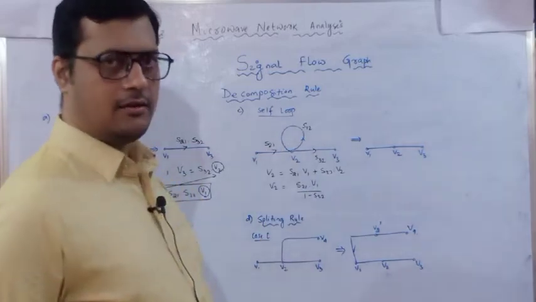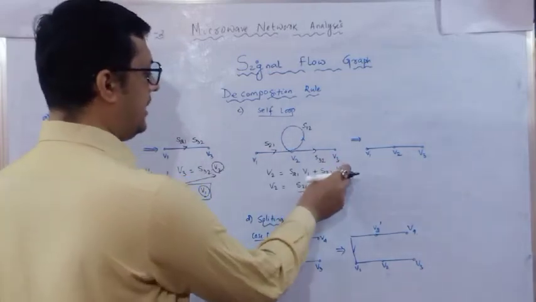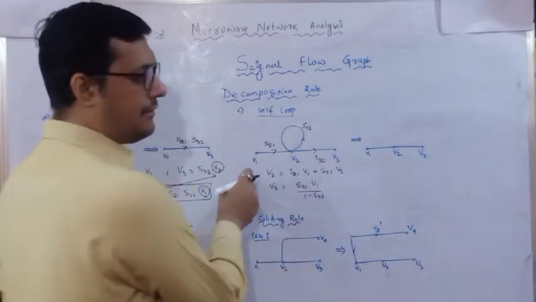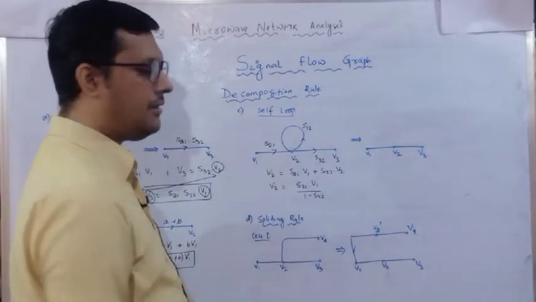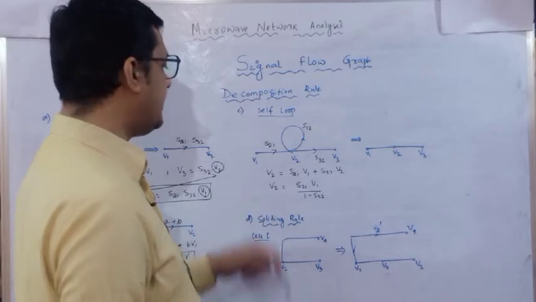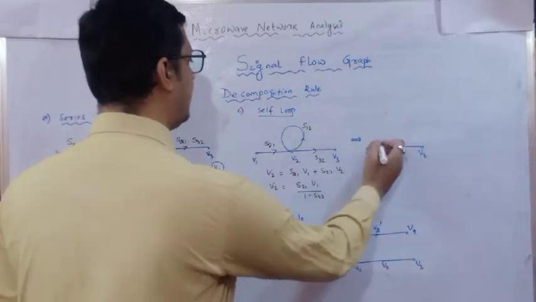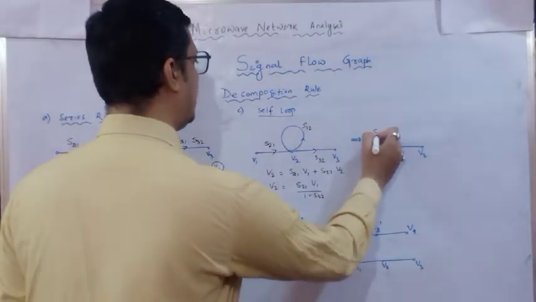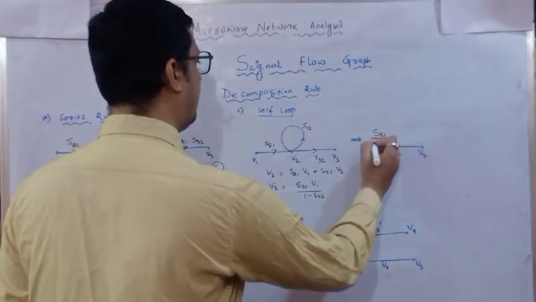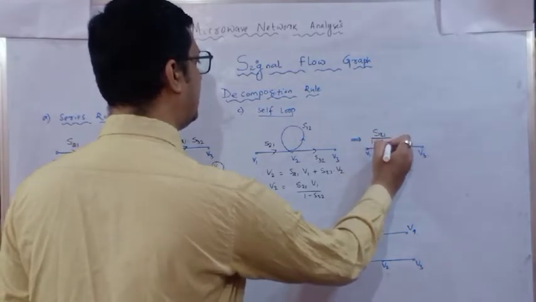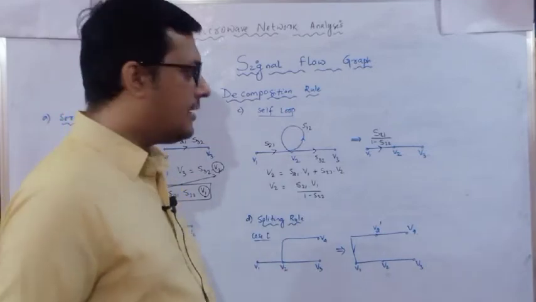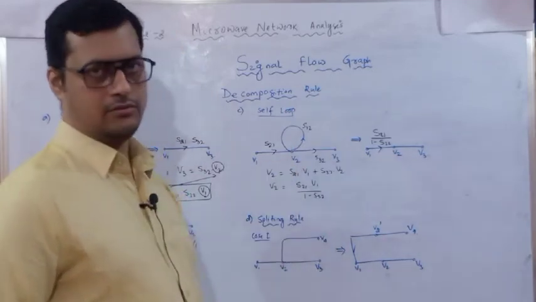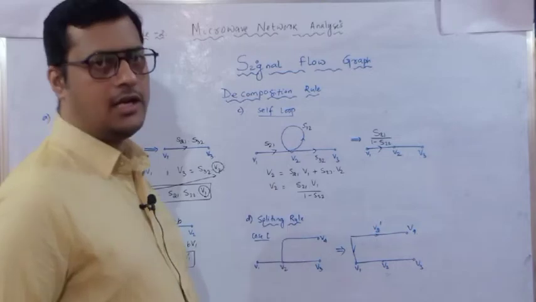Like this I can write or not? Yes. Because when I take this S22 into V2 to the left hand side, it will become 1 minus S22. So V1 and V2 have a relation, it is S21 divided by 1 minus S22. So this is the scattering parameter between V1 and V2 by eliminating that loop.